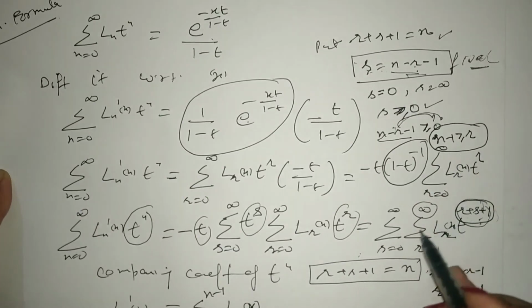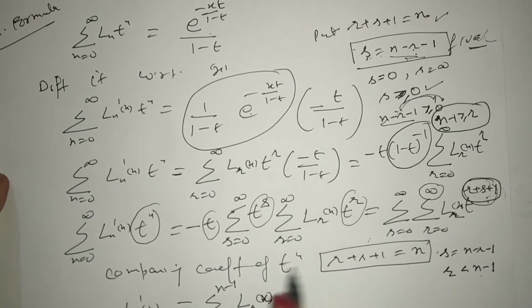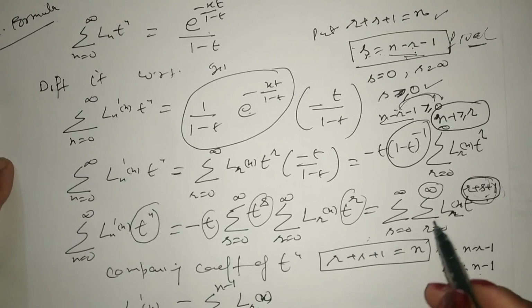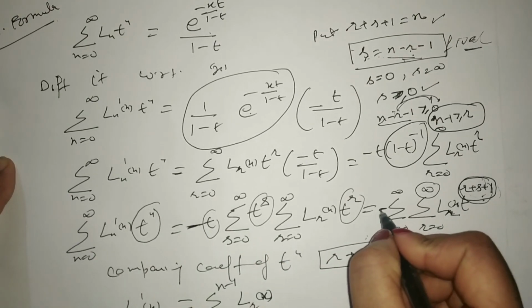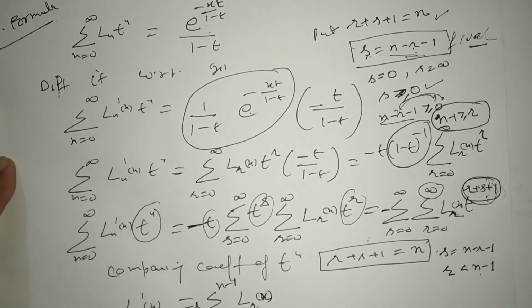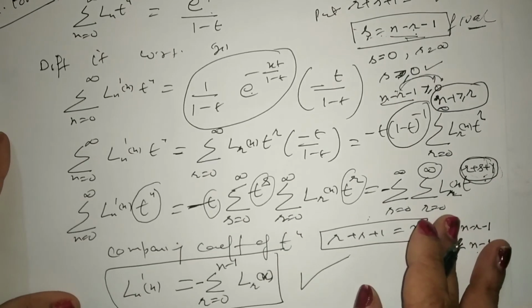So r will not go up to infinity, r will be less than or equal to n minus 1. So this is what we have to write here, and we have missed this, so there will be a minus sign, and this is also a negative sign. So this is the recurrence relation 3.